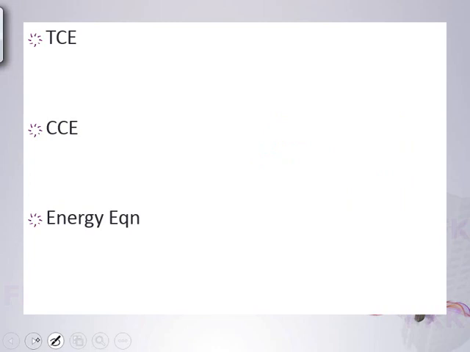Now, let's do your TCE in here. So, this is the TCE in the reactor. We are not interested to calculate the TCE and CCE in the jacket. Why? It's only water, right?